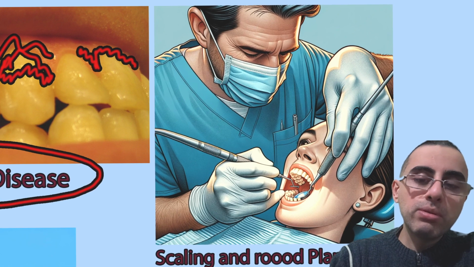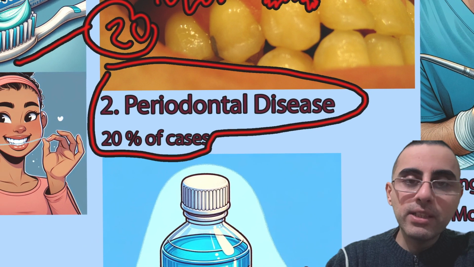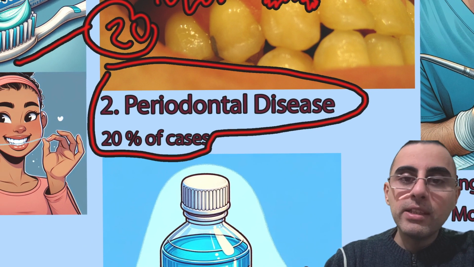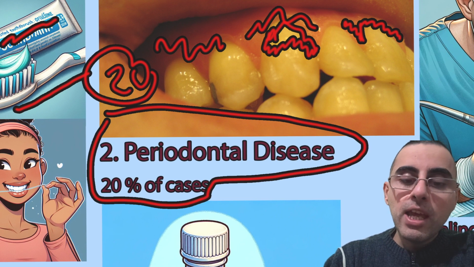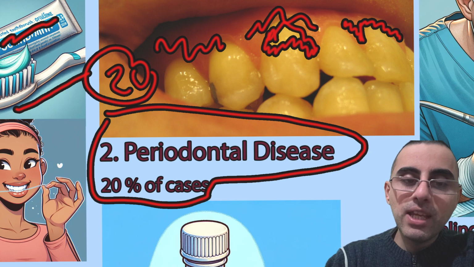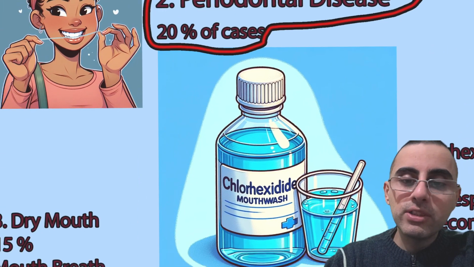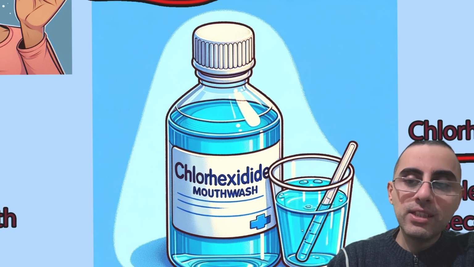Scaling and root planing helps to remove bacterial growth and particles from teeth, and it improves gum condition, and also we need antibacterial treatment in this case. The classical gold standard of antibacterial mouthwash is chlorhexidine.